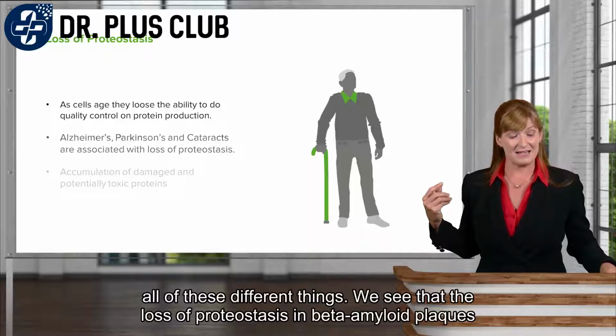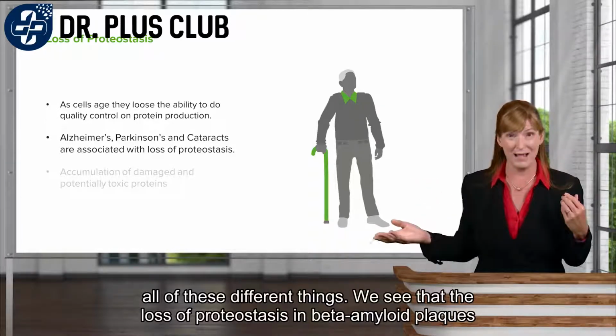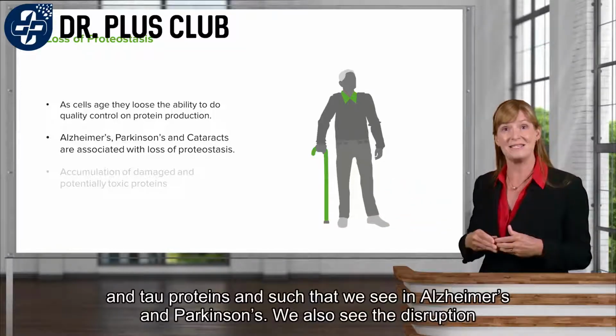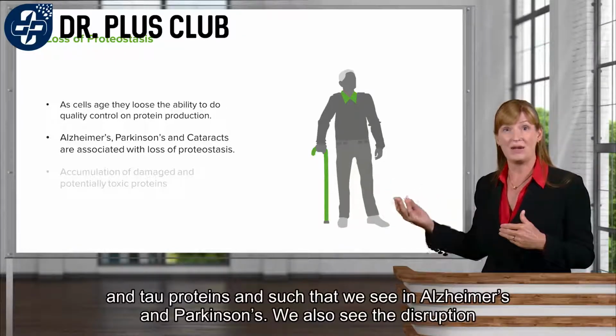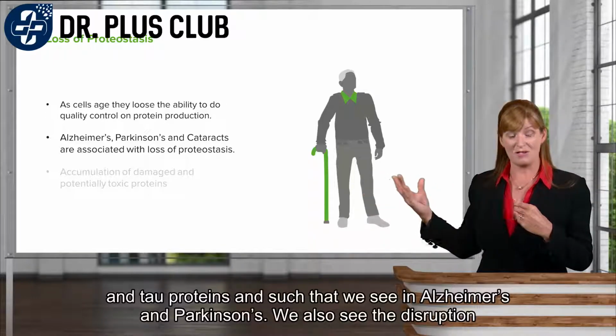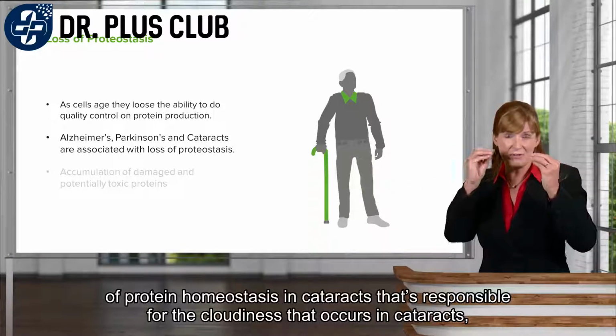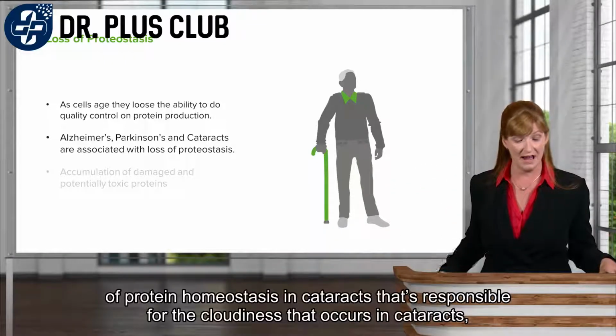We see the loss of proteostasis in beta amyloid plaques and tau proteins and such that we see in Alzheimer's and Parkinson's. We also see the disruption of protein homeostasis in cataracts. That's responsible for the cloudiness that occurs in cataracts.